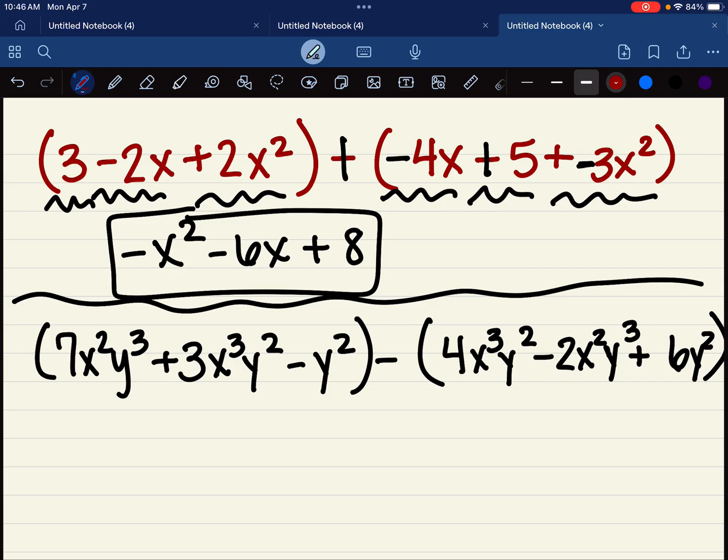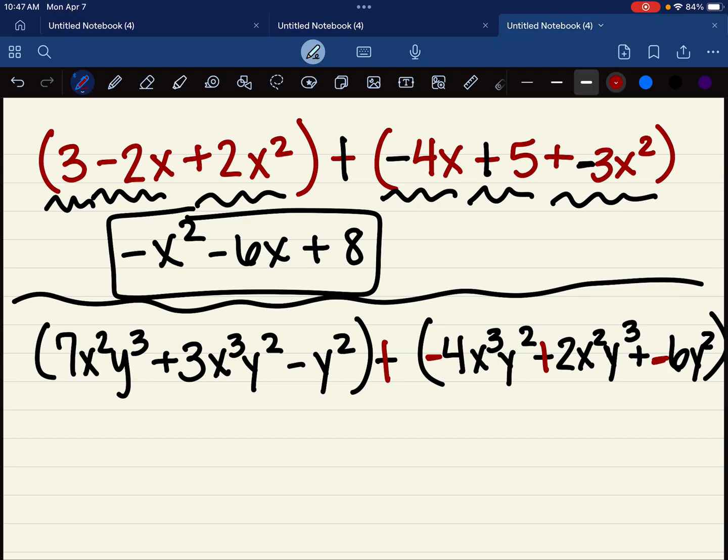First thing here is I need to change what part of this problem? Yeah, subtraction to addition, and then change the signs of everything after. So 4 becomes negative, 2 becomes positive, 6 negative, okay? Now, when we start getting into things that have more than one variable, do those variables have to look exactly the same in order to add them?